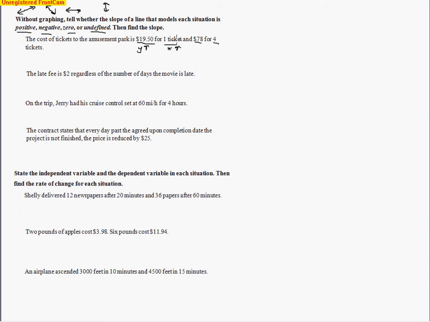We can buy any number of tickets, but the cost is always dependent on the number of tickets you buy. And that'll be the next situation that we see. So this is a positive slope, and then they want us to find the slope, and so the slope is $19.50 to 1. And that would be $19.50 for one ticket.